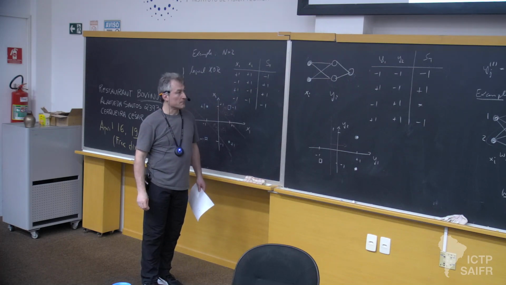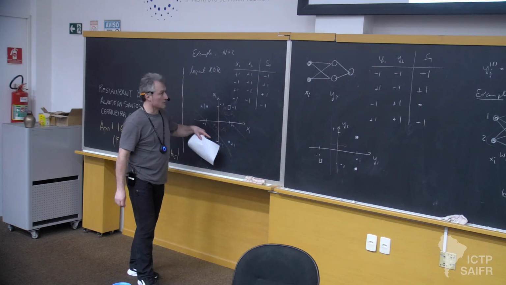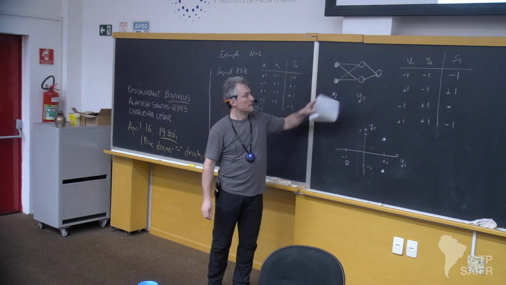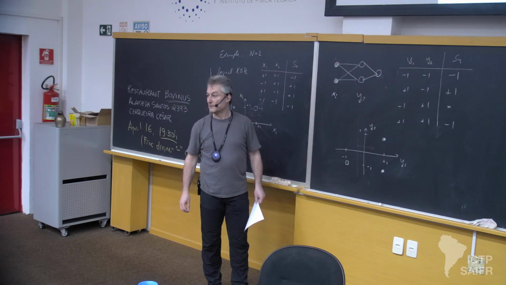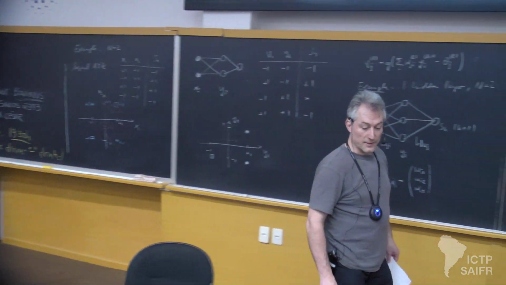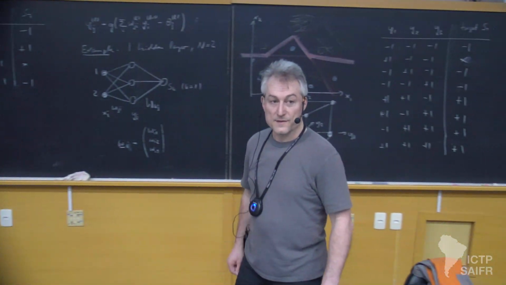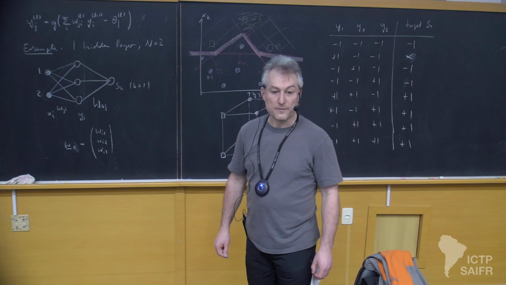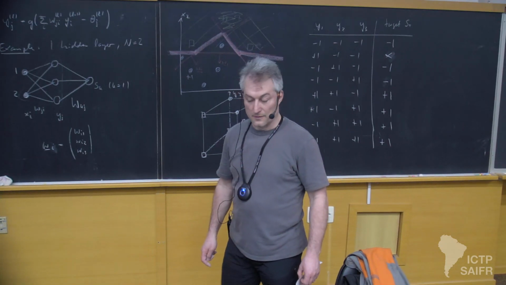And then I can classify the XOR problem with this kind of network. 1 hidden layer. And I don't even need to go to higher dimensions. So it's not a general rule that you need to do that. Okay?